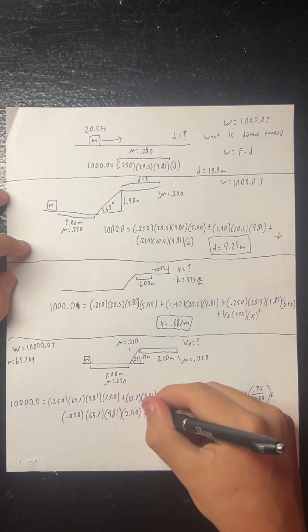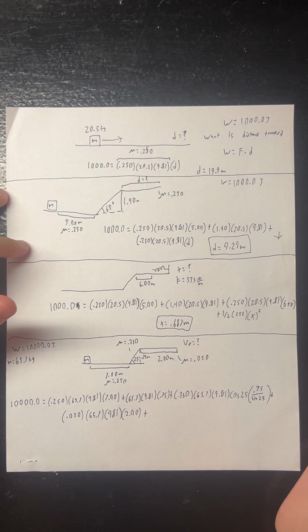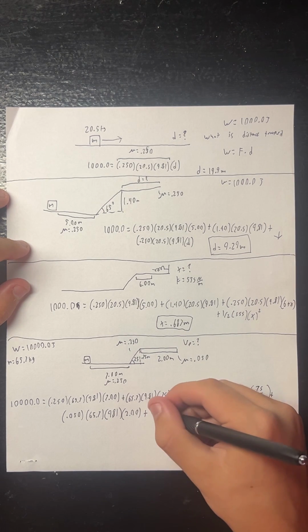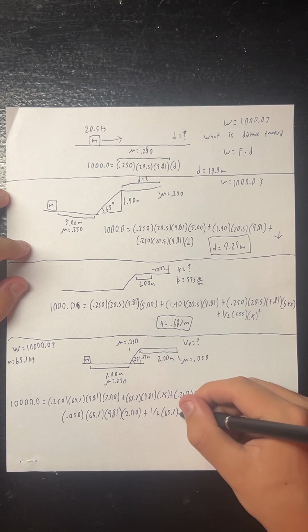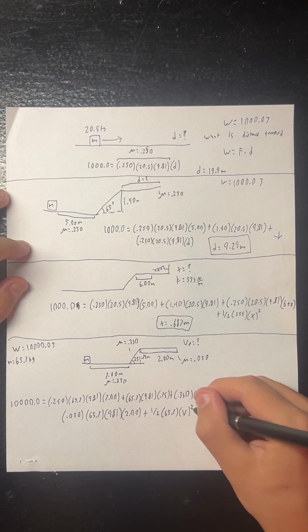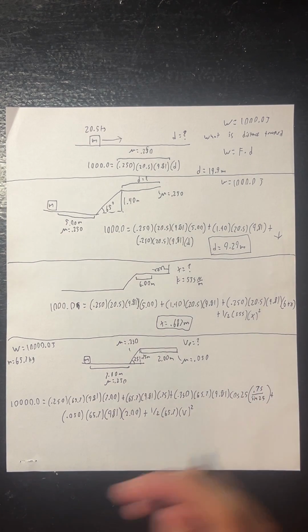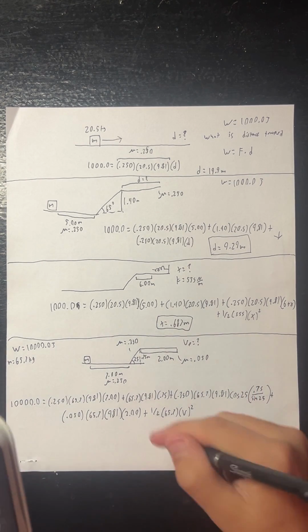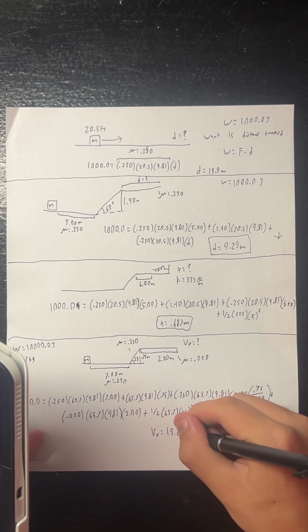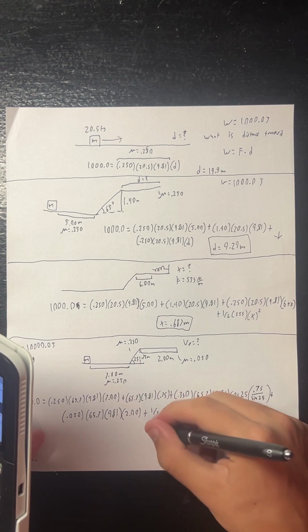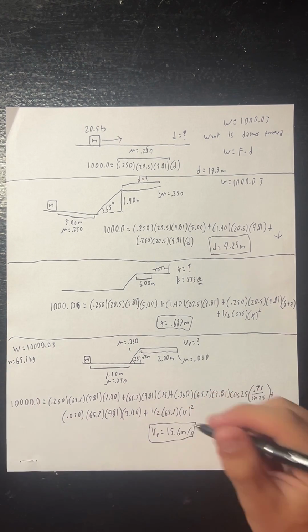Plus the final thing is the kinetic energy, because we're trying to find v final. So 1/2 m, which is 65.7, times v squared. We can use our numeric solver to find that v final is going to equal 15.6 meters per second. So that is how to do a question like that.